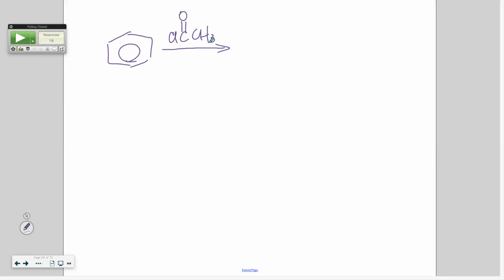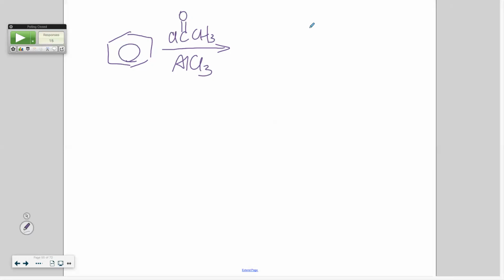Do I need anything else? You need that Lewis acid catalyst so that you make your intermediate, which is called an acylium ion. Okay, so what do I have now after that step?